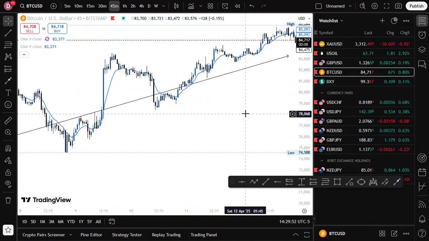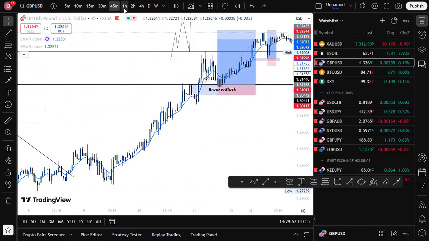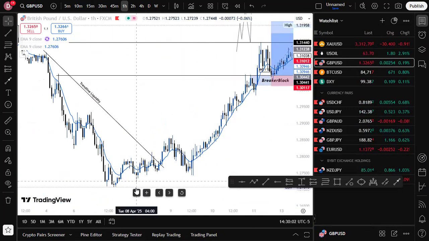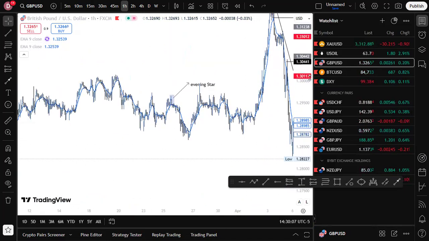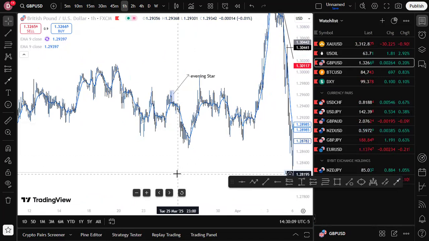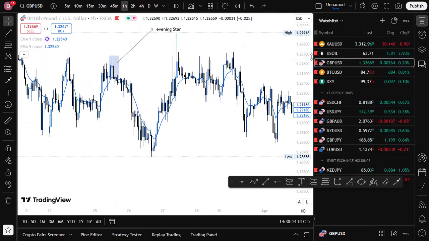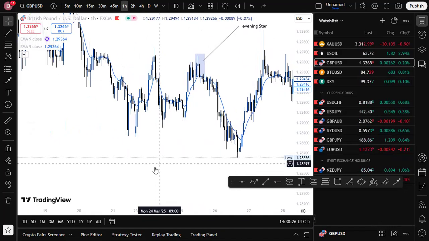So now for the evening star candlestick pattern, let's see an example of an evening star candlestick pattern. These patterns are mostly effective at support and resistance, meaning that if it's at the top of an uptrend, the price is not going to continue pushing up.